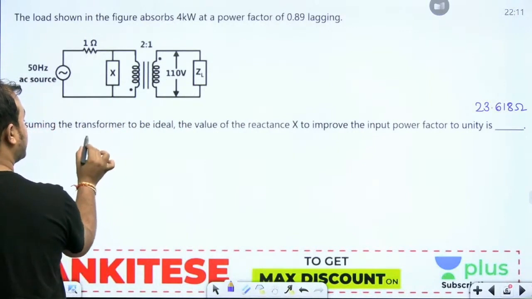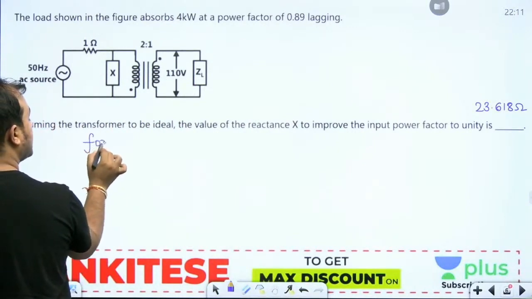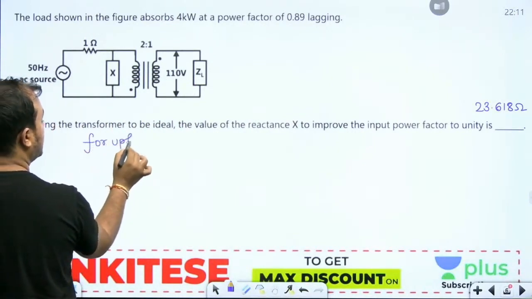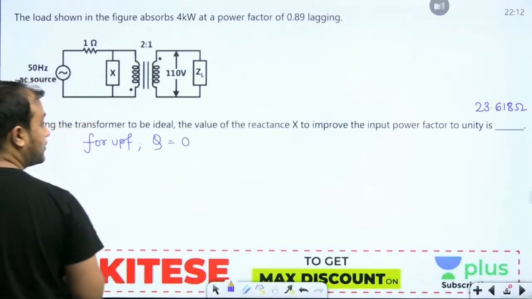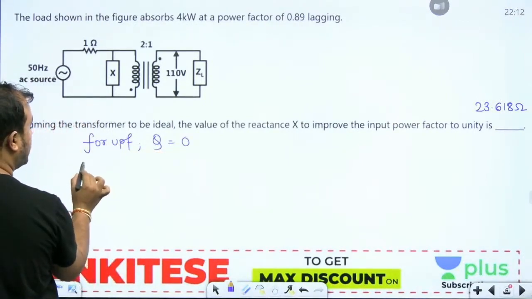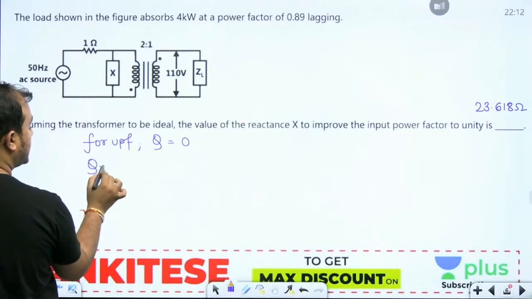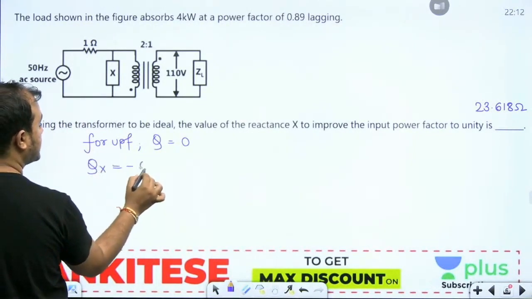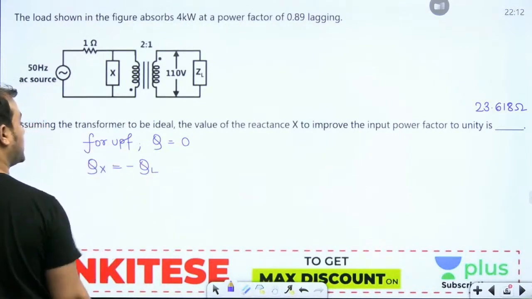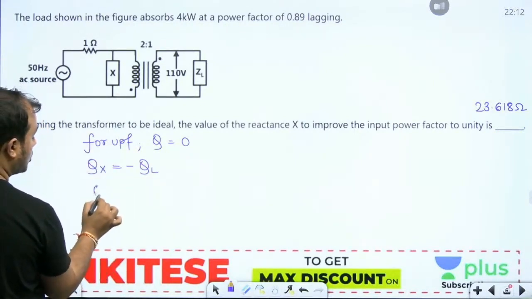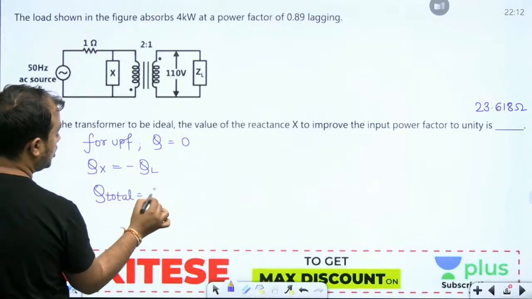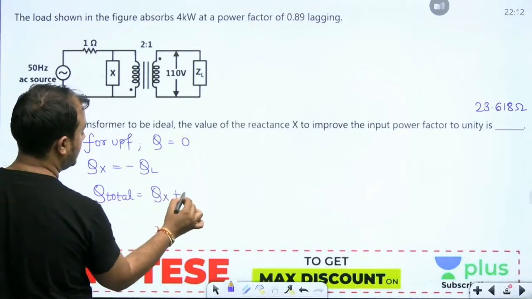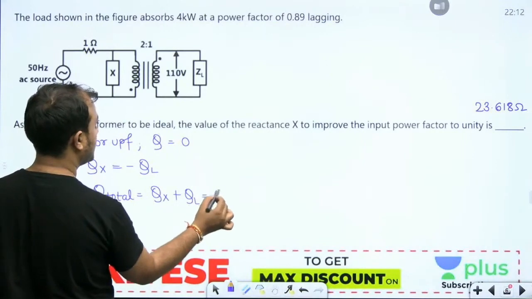How power concept? I'll say for unity power factor, the reactive power must be 0. If the reactive power is 0, it means the reactive power of reactance X is negative of the reactive power of the load, so that the total reactive power is Qx plus QL, that is 0.